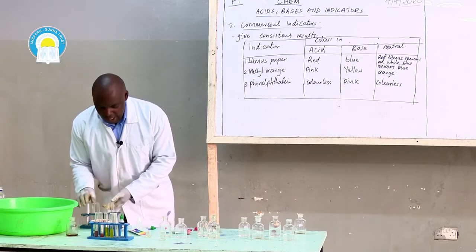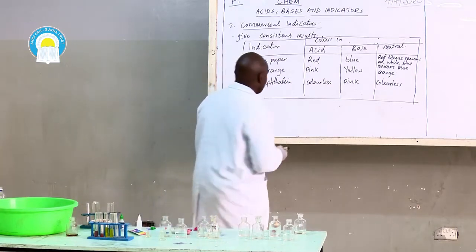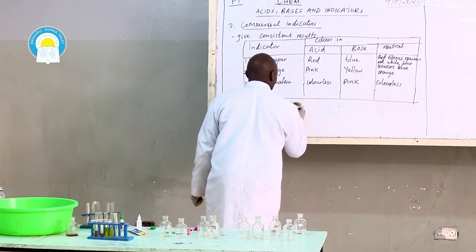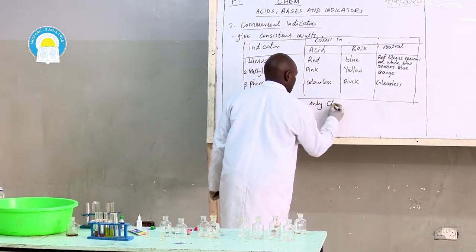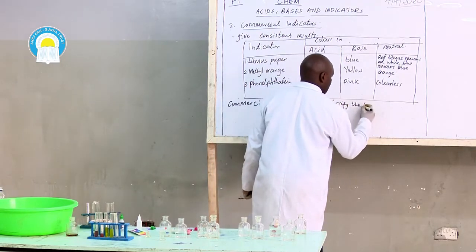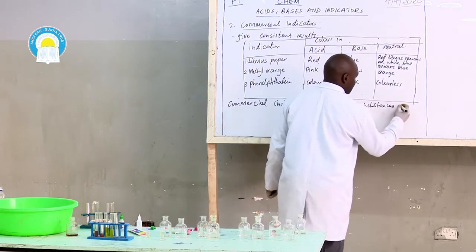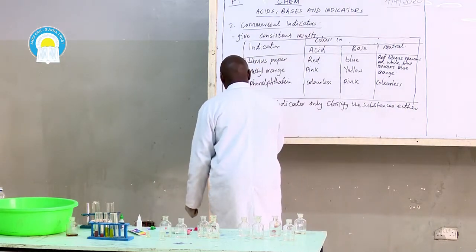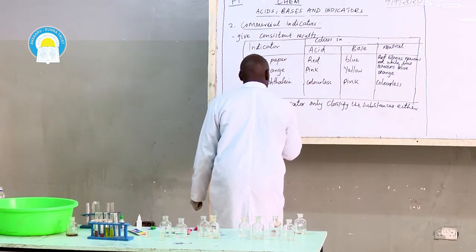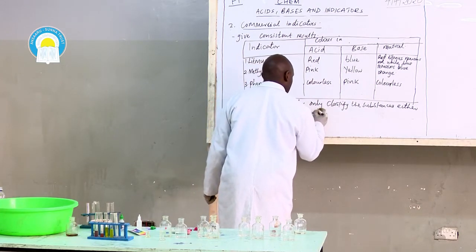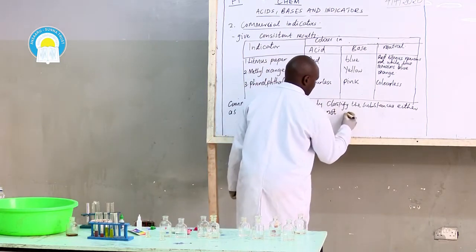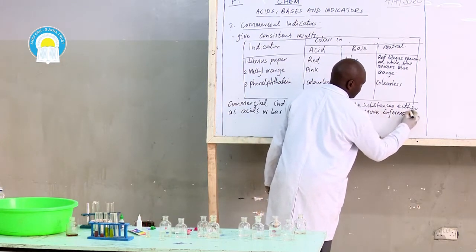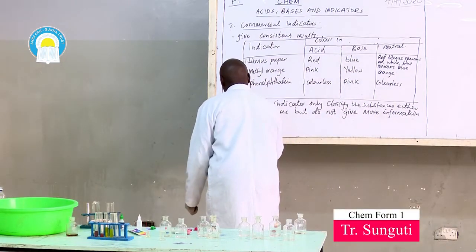So the disadvantage these commercial indicators have is that they only classify the substances either as acids or bases, but do not give more information about their strengths.